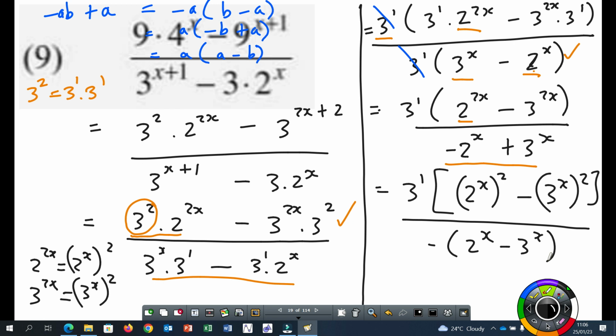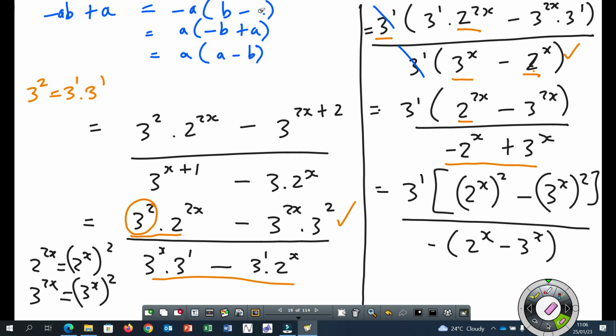For that example over there, isn't it supposed to be minus a times b minus 1? Don't worry about that, that is supposed to be a minus 1, and this one also has to be a 1.